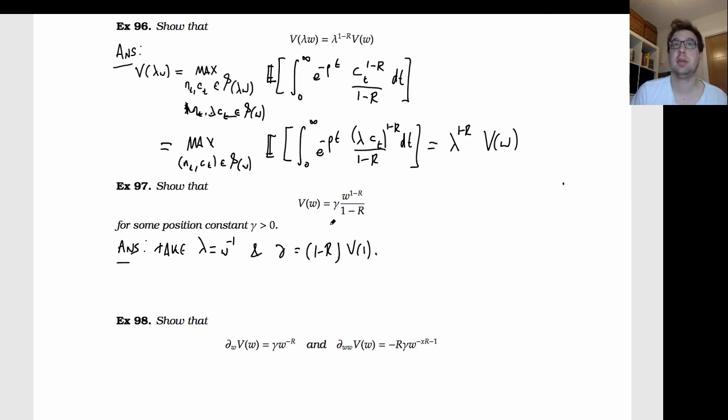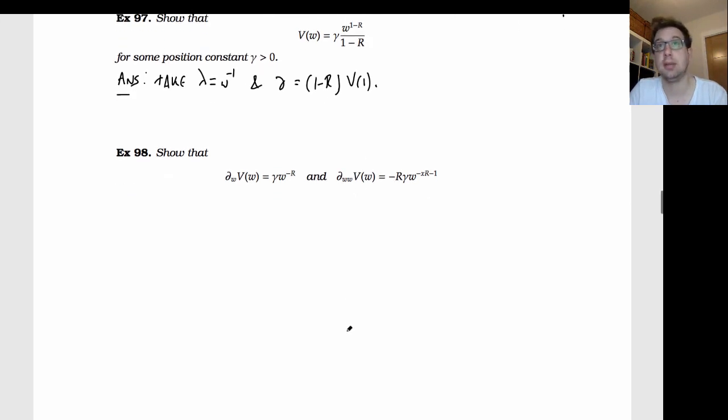We guess the form of the solution. V of w is this kind of power function. Given that guess, we want to look into the HJB equation and see which parameters, in terms of this gamma, give us a solution to the HJB equation. Once we've found that solution, we hope we've got an optimal solution.